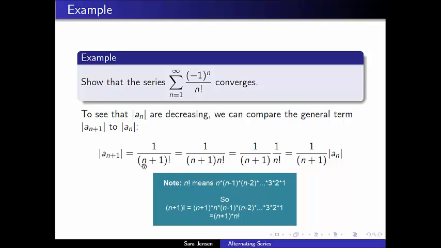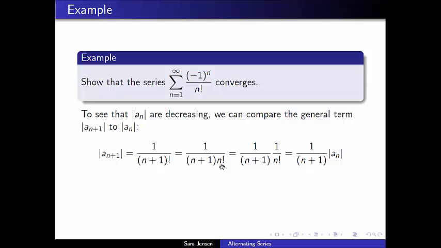So one way we could write n plus 1 factorial is as n plus 1, kind of peeling off the first term, and then multiplied by n factorial. That's beneficial for us here because we can then break up this fraction as 1 over n plus 1 times 1 over n factorial, and 1 over n factorial is precisely equal to the absolute value of the a sub n's.